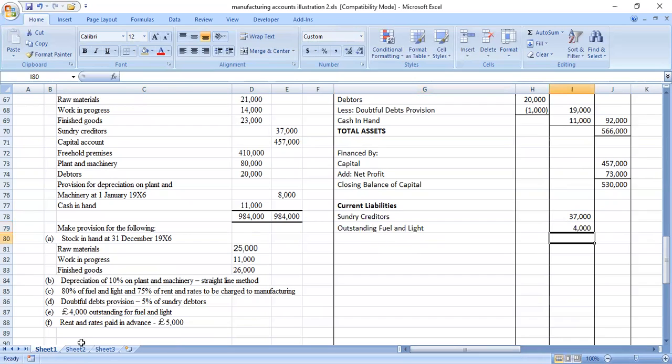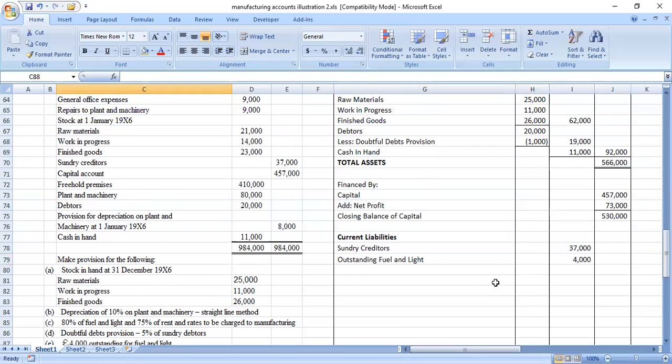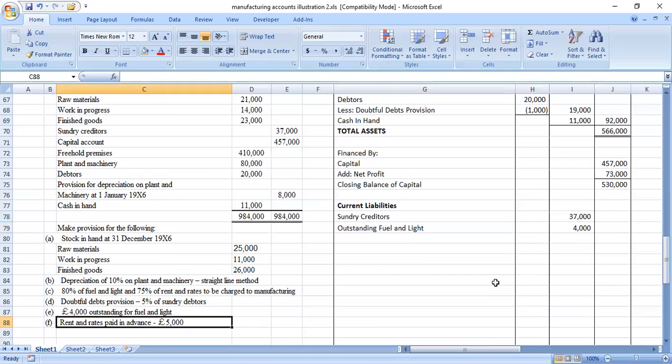And rent paid, rent expenses paid in advance, they are treated as current assets or as current liabilities? Yes.